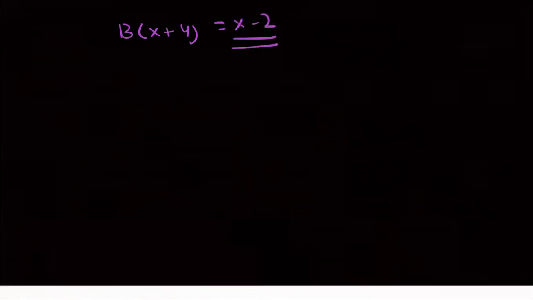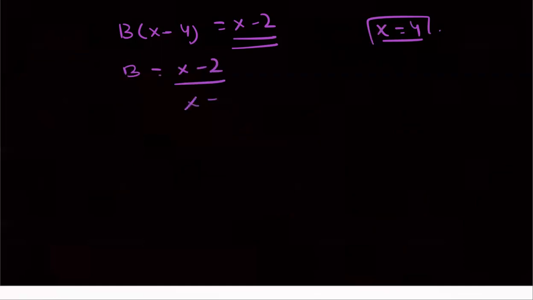Substituting the value, sorry, for B it is (x minus 4). B(x minus 4) is equal to x minus 2. Substituting the value of x equals 4, it can be written as (x minus 2) over (x minus 4).